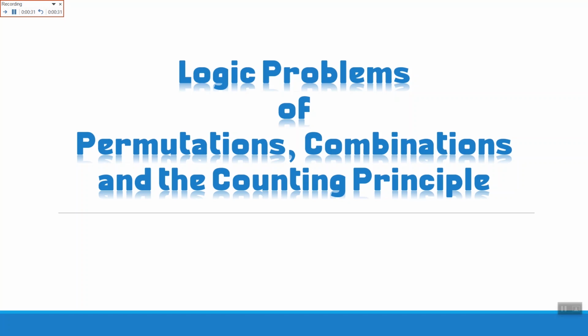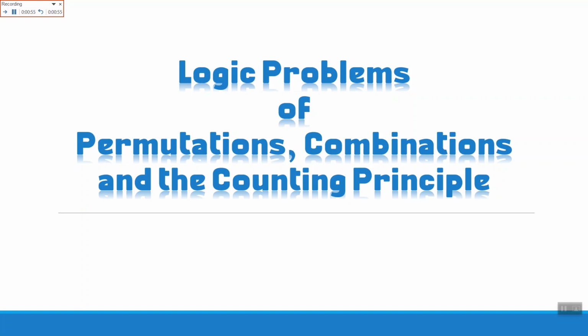In the previous class, we talked a little bit about and solved some of the logical problems related to these three lessons, and we specified that questions in which we need an arrangement are usually solved using permutation. They can also be solved using the counting principle.